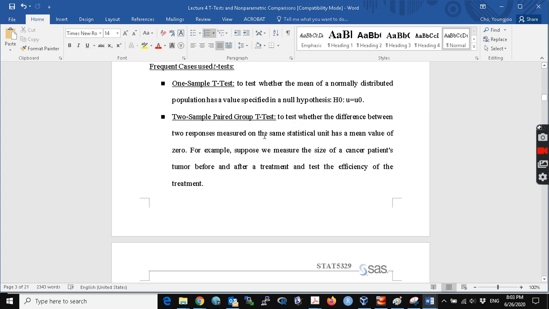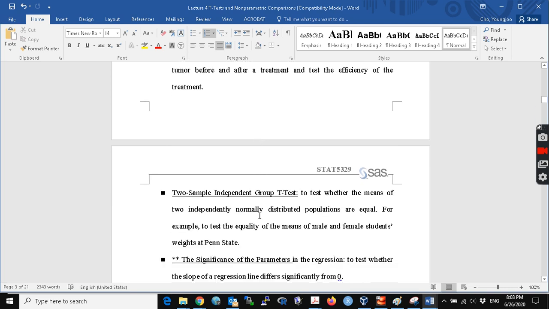In that case, we use the two sample paired group t-test. Otherwise, we do the two sample independent group t-test.